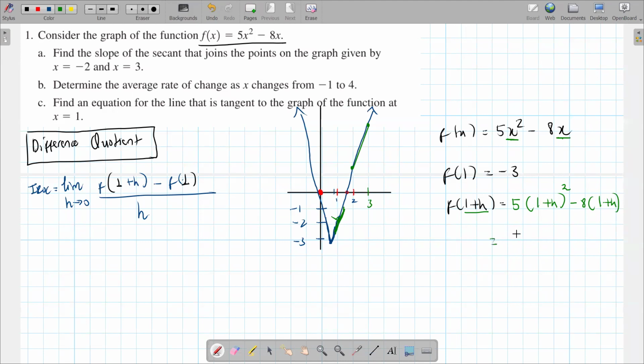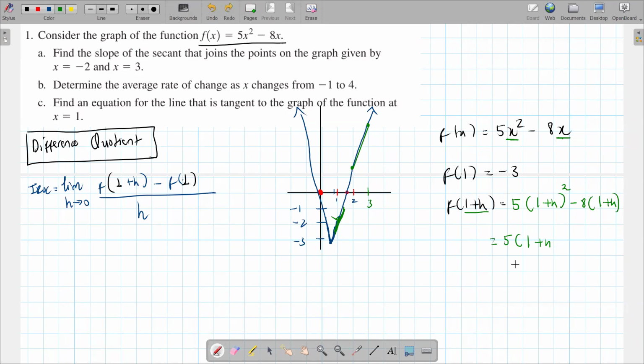What's 1 plus h whole squared? Is it 1 plus h squared? Or 1 squared plus h squared? Or is there something else?